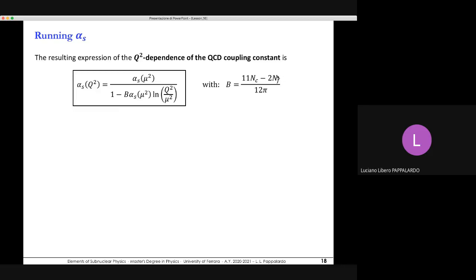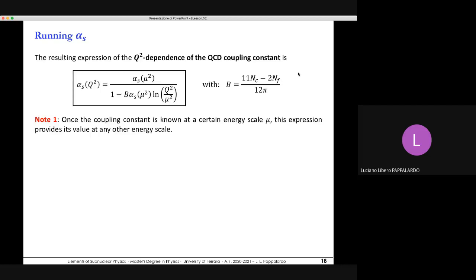Below the energy of the J/psi, this is just 3 for up, down, and strange. If we are above, we also have to take into account the charm, so this is 4, etc., up to 6. Once the coupling constant is known at a certain energy scale mu, you put it here, and through this formula you can calculate the value of alpha strong at any value of Q square.